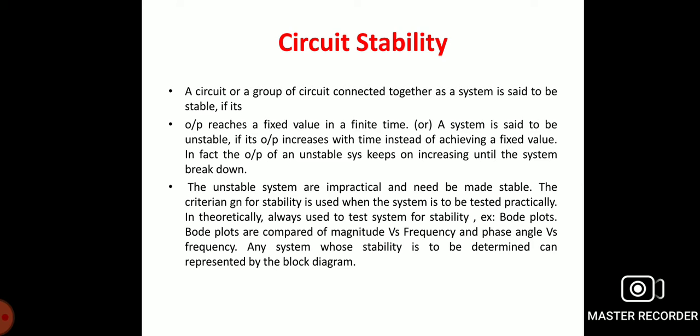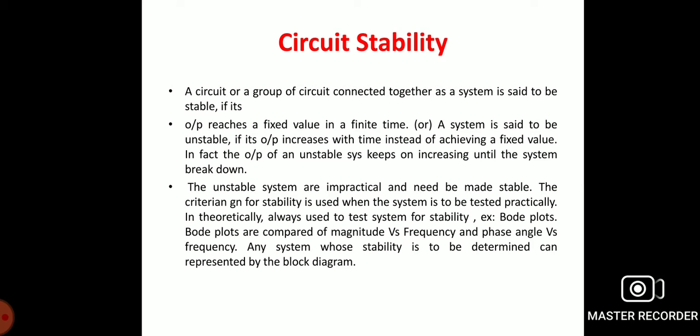A system is said to be unstable if its output increases with time instead of achieving a fixed value. In fact, the output of an unstable system keeps on increasing until the system breaks down. Unstable systems are impractical and need to be made stable.